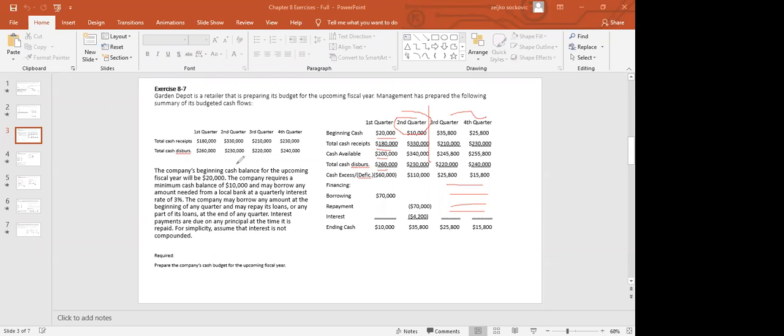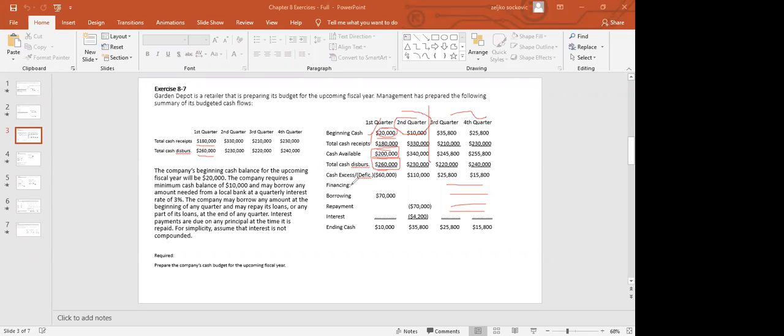That's in the lecture. So for example, for the first quarter, we have total cash receipts and then disbursements of 260. So we are told, and we have beginning cash of 20. We get total cash receipts of 180. So we have cash available of 200. And then we have total cash disbursements of 260, right?